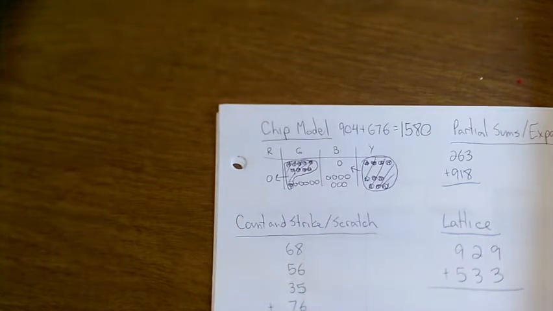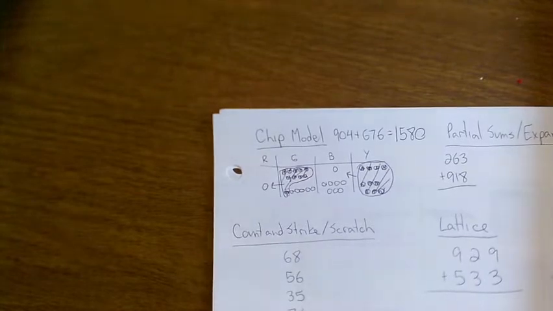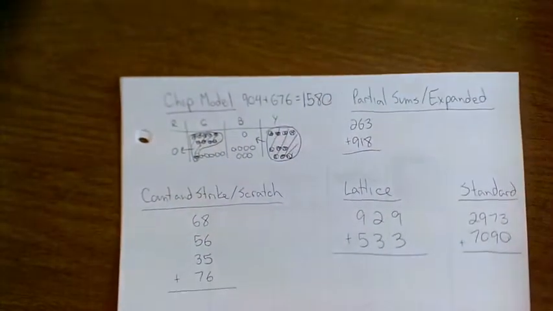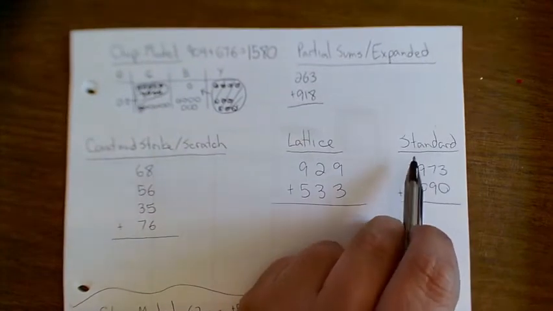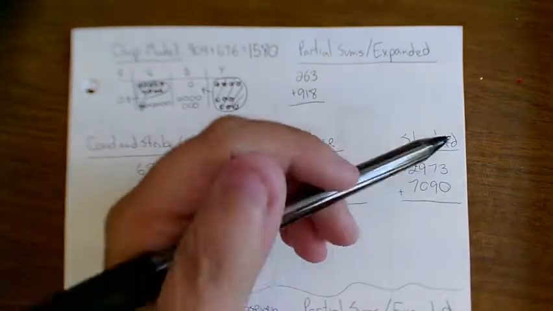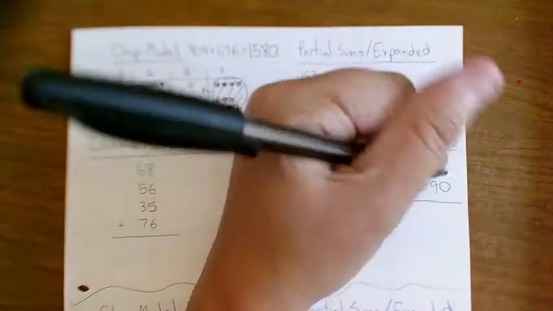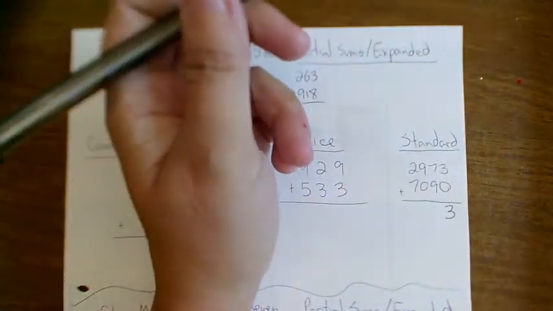Now, some other methods that maybe you have or have not heard of. Let me actually jump to the standard algorithm first. This is the one that you probably know the best, the one that may be taught in school. The standard algorithm teaches you to go by place value, starting with the ones. So we do 3 plus 0 is 3, 7 plus 9 is 16.